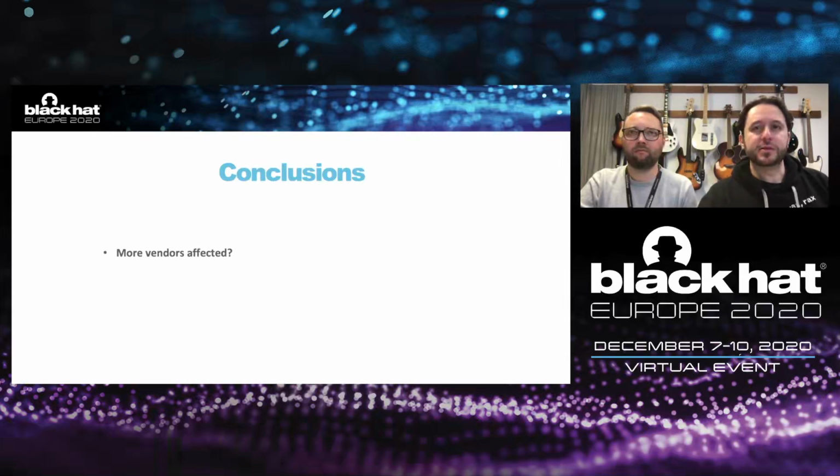We could also speculate that other vendors than those mentioned in this talk are affected by Sneakit, even though it would have been interesting to test every network security solution on the market. We actually had limited resources and scope this time, and we therefore advise vendors to test whether their products are vulnerable to Sneakit.